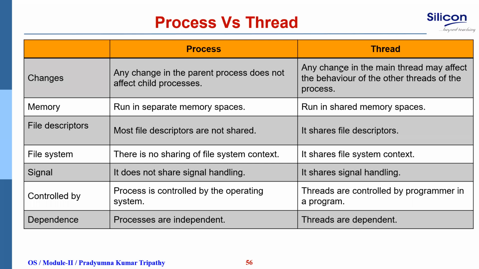Only the registers, the stack, and the program counter are different for every thread, but all other things are common and shared by all the threads. Is that clear now?